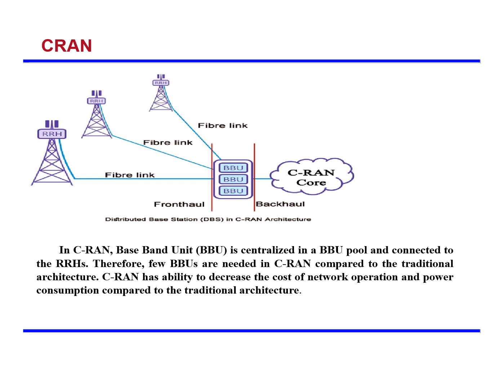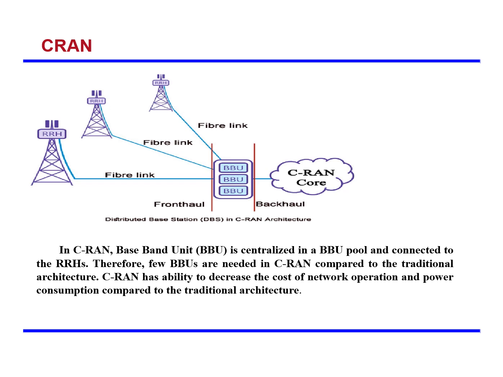CRAN. Here we can see the fronthaul, the backhaul, BBU, and the fiber link to the RRH. Distributed base station in CRAN architecture. And the CRAN core is also shown, which is connected to the BBU.